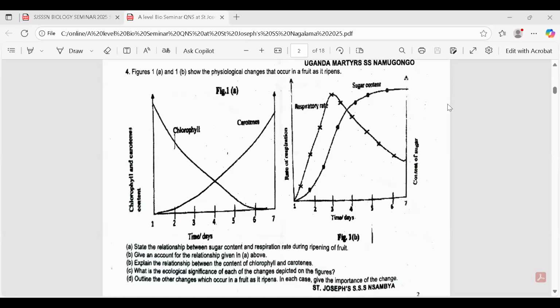And then another relationship is from 3 to 7, as the respiratory rate decreases rapidly, the sugar content increases gradually to attain a peak. Okay, so that one could have been our relationship. And at least the way the Togota Trinity College was saying, it was almost familiar to that.